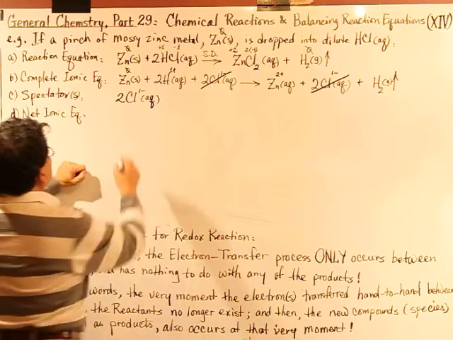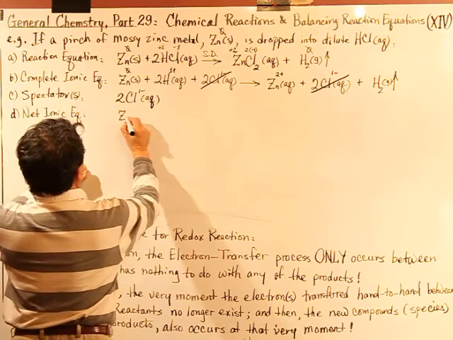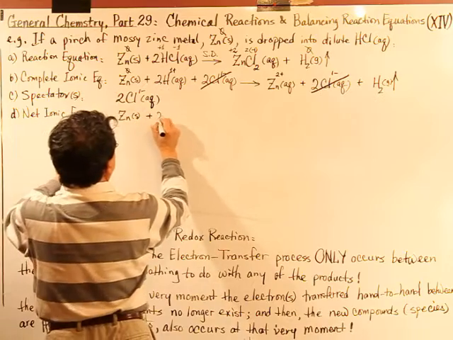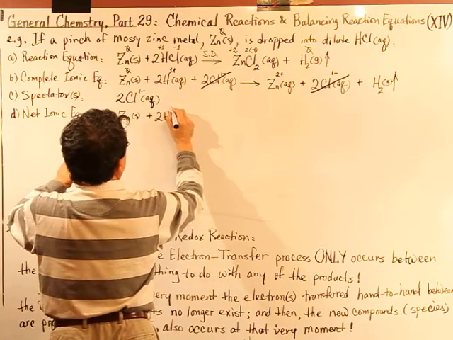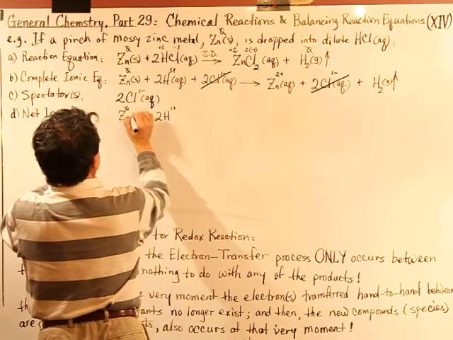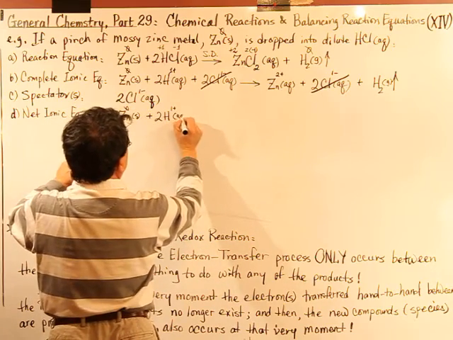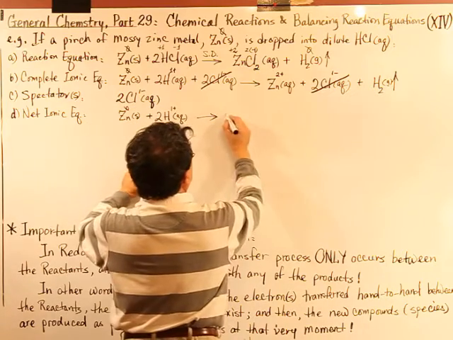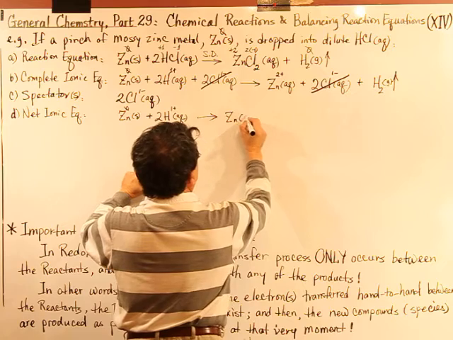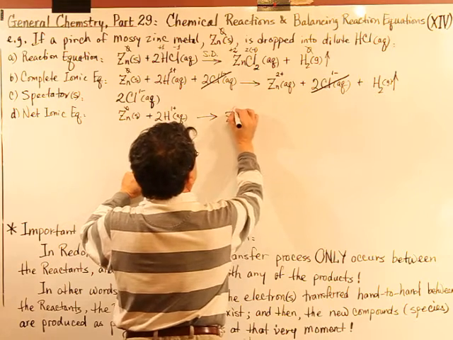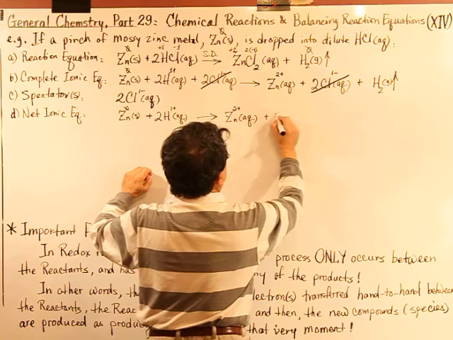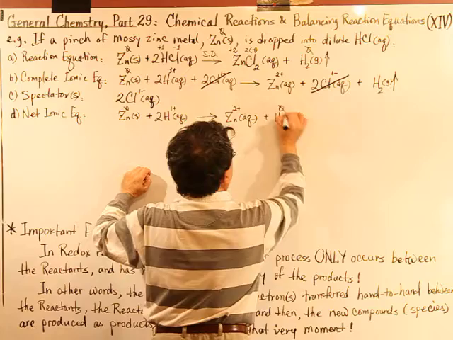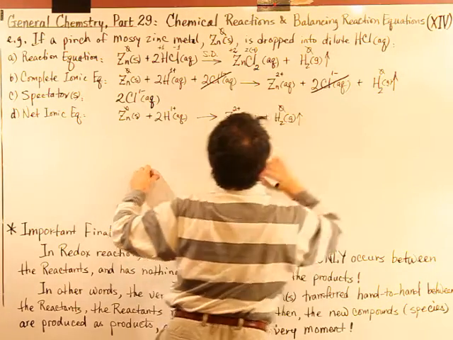So what is left over? The net ionic equation will be zinc solid, add 2 protons, H+ aqueous, and then become zinc 2+ aqueous and hydrogen gas, 0 as oxidation state.